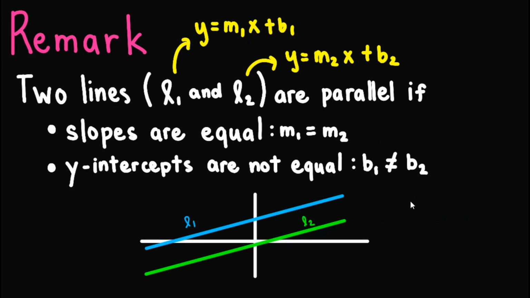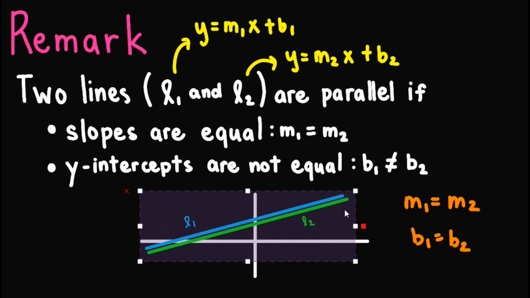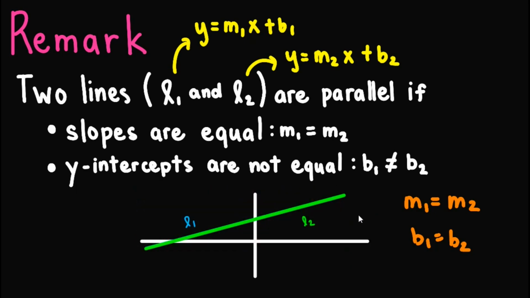Now what if m sub 1 is equal to m sub 2, but the y-intercepts are equal? By definition of y-intercept, these two lines intersect the y-axis at the same point. That means that L sub 2 might move to this point to match the same y-intercept. And what can we see out here?